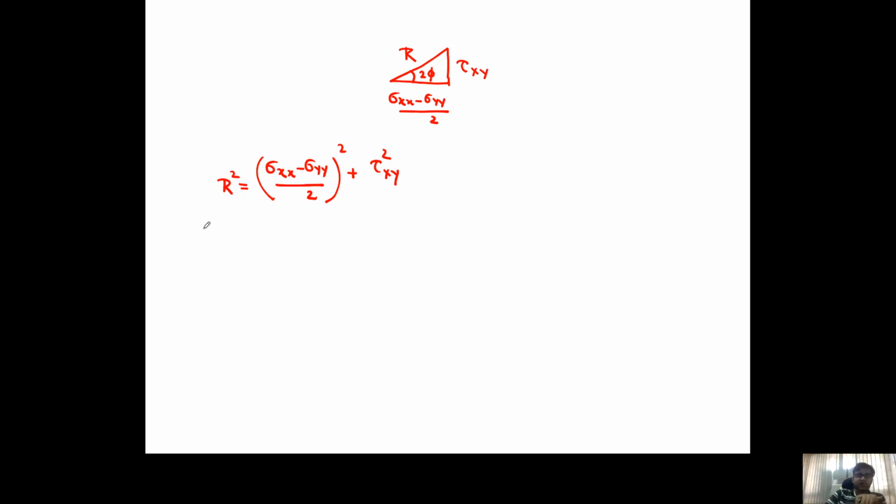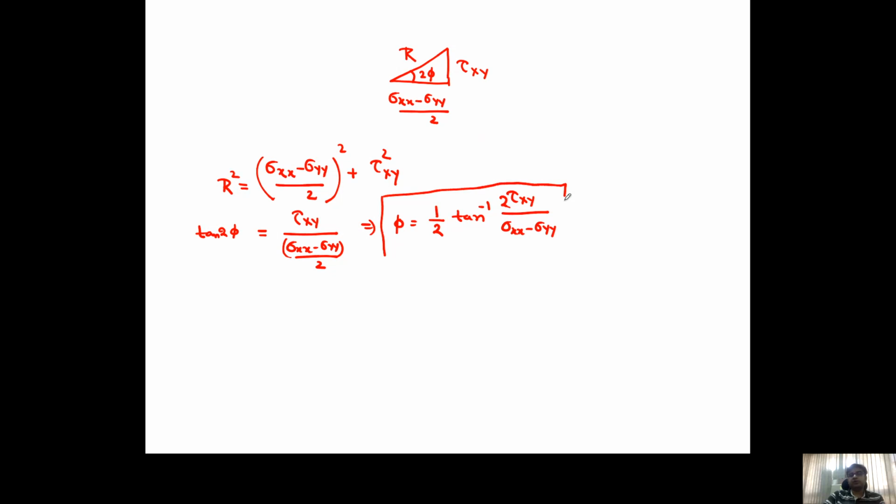And then there is this phi. Tan of 2 phi is defined as tau xy by sigma xx minus sigma yy by 2, which implies that phi is equal to half tan inverse of 2 tau xy by sigma xx minus sigma yy. So this is what you can use to find out phi.